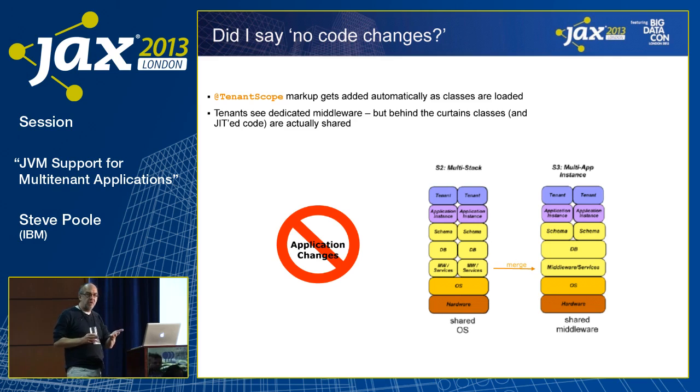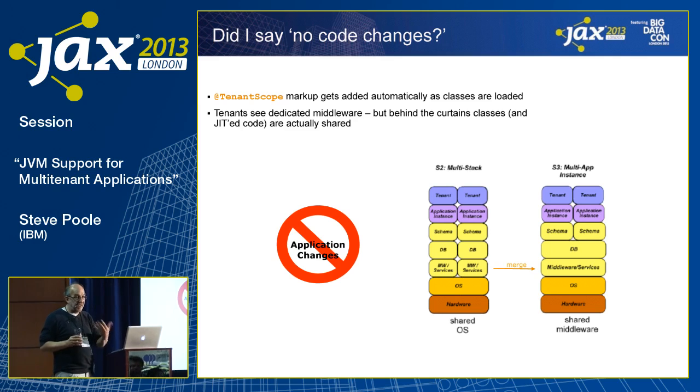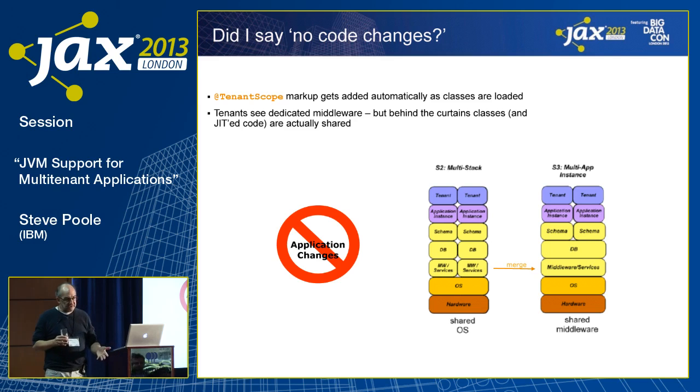Middleware, if we want middleware to participate in sharing as much as they can, we don't want to fake out the Java piece of that middleware that's running in your application, in your VM. We want to provide it the opportunity to say, actually, I can manage my shared data for that tenant, thank you very much, because I know what I'm doing. So that's why we have this idea, because those annotations, we inject them, but you can go mark them yourself and say, please don't share me. So you can build applications that are intrinsically not shared in a multi-tenant world.